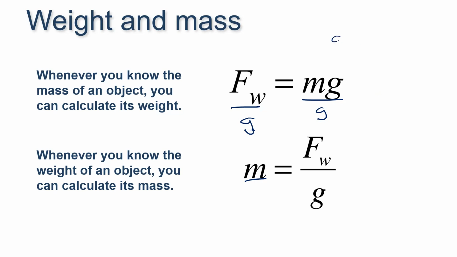And remember that g is equal to 9.8 meters per second squared. And then sometimes it's 9.8 newtons per kilogram. Those are the same thing, by the way. Okay, so just a little algebra.